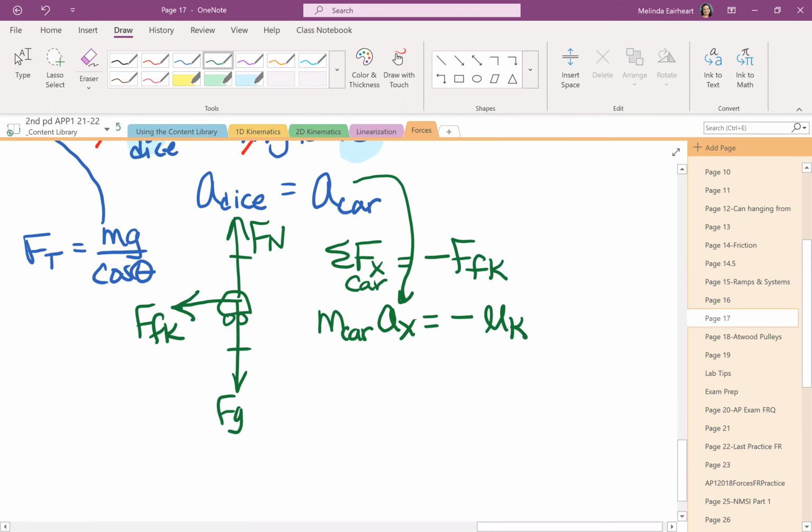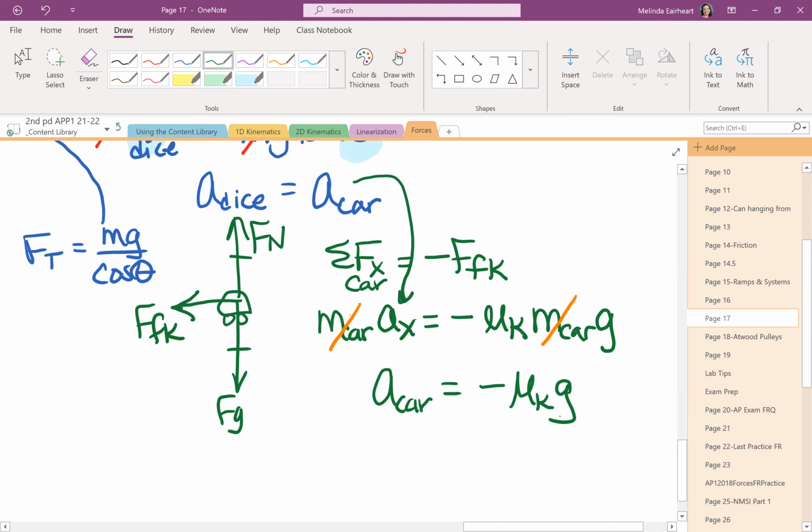And what's going to be true about the normal force of the car? 100% equal to the gravitational force. So mg, hey, do I need the mass of the car? No, divide both sides by mass of car. It cancels out. And so the acceleration of the car is equal to negative mu k g.